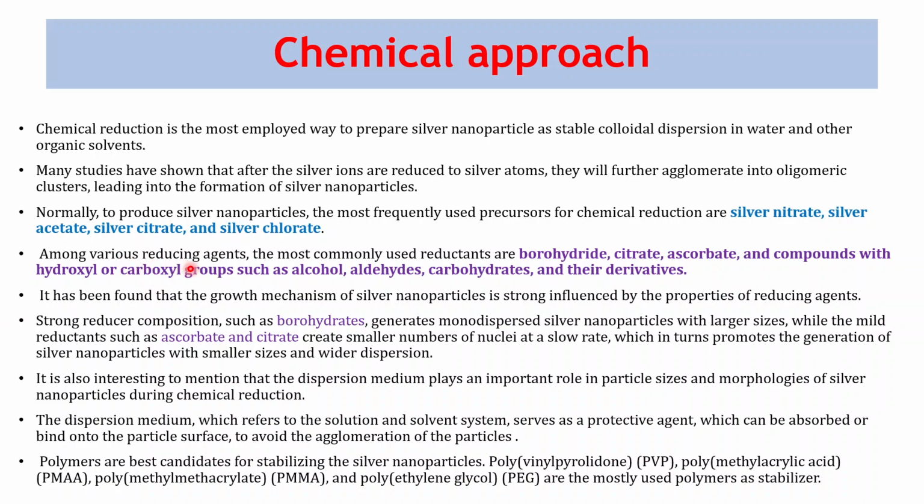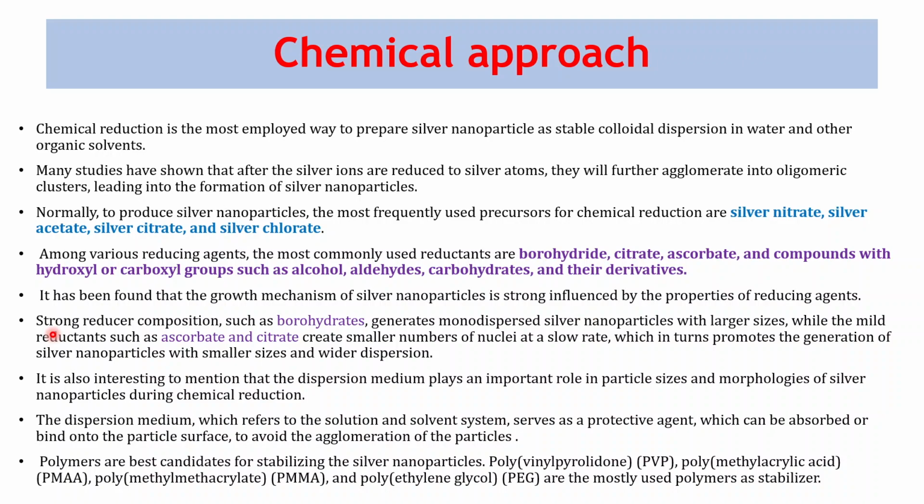The major reducing agents are borohydride, citrate, ascorbate, and compounds with hydroxyl or carboxyl groups such as alcohols, aldehydes, carbohydrates, and their derivatives. It has been shown that the growth mechanism of silver nanoparticles is strongly influenced by the properties of this reducing agent.